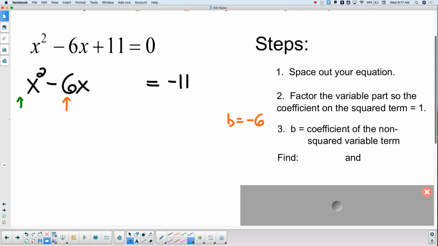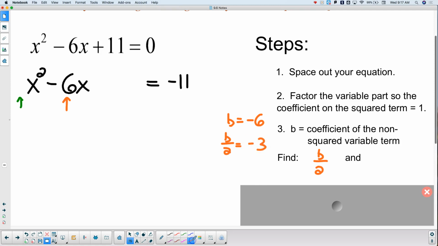What you are going to have to find is b divided by 2. So what's -6 divided by 2? -3. So b divided by 2 is -3.